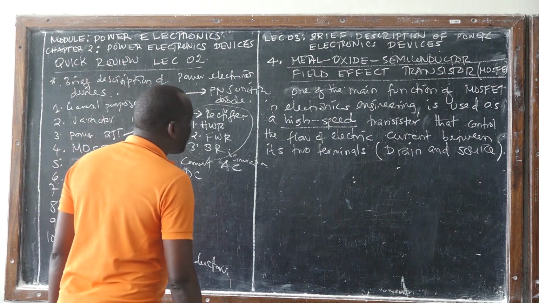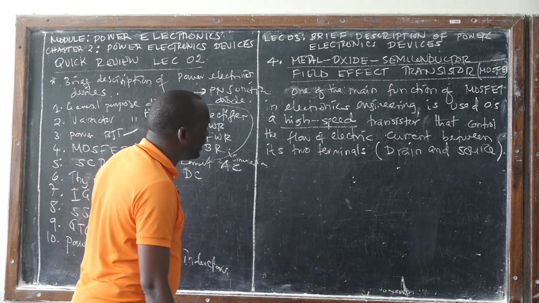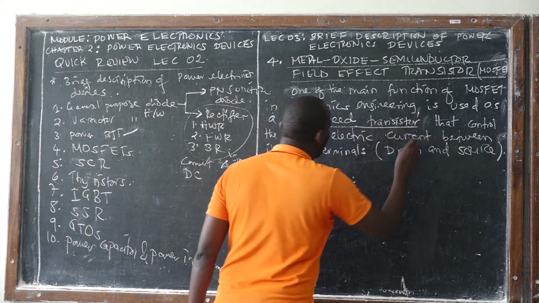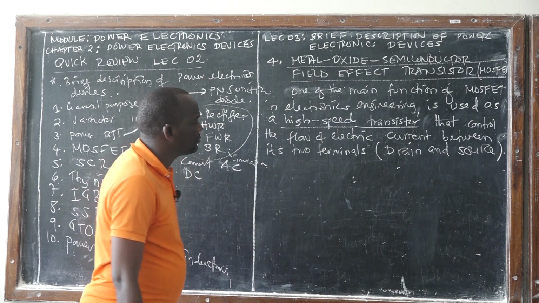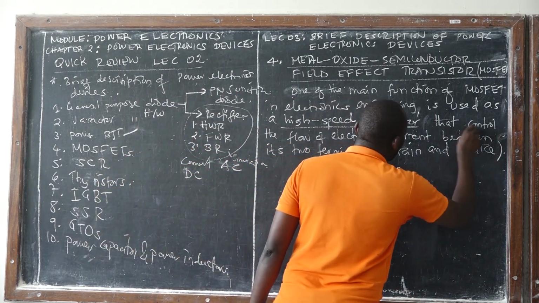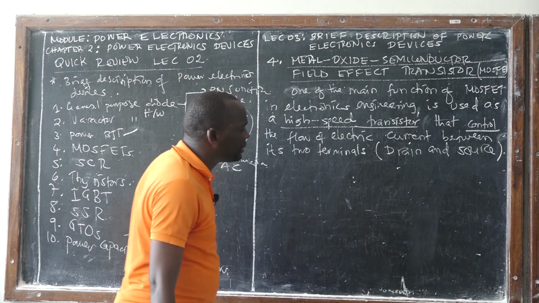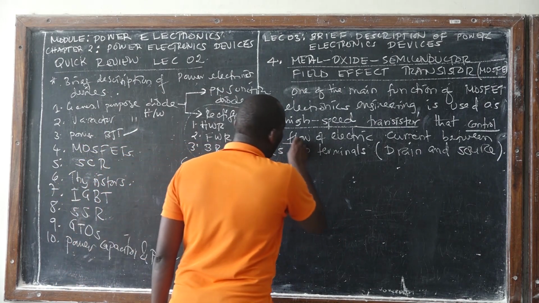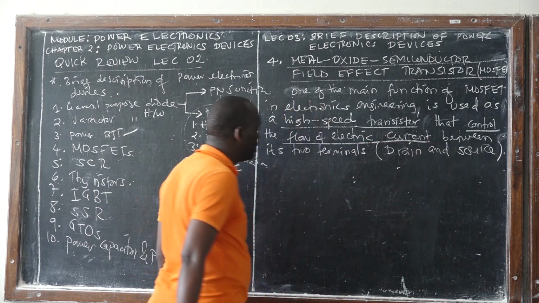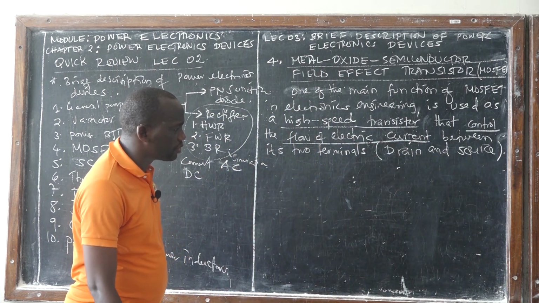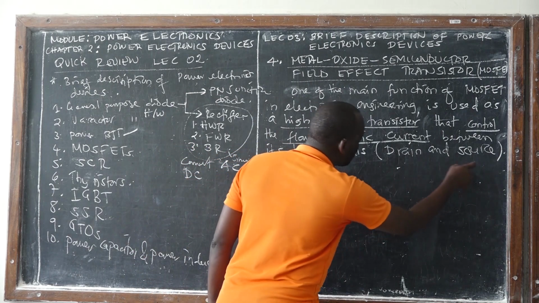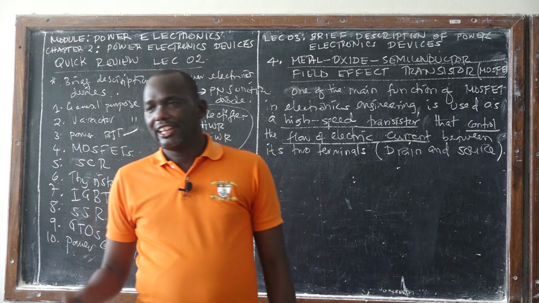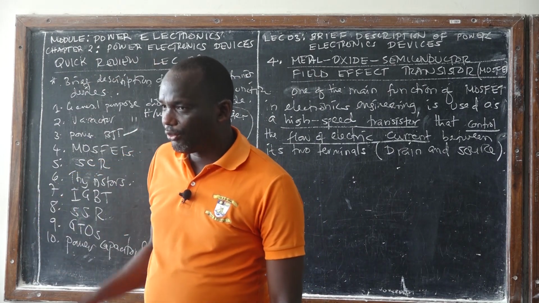So one of the main functions of the MOSFET in electronics engineering is usually as a high-speed transistor. Why do we need this high-speed transistor? We need it to control the flow of electric current between its two terminals, drain and source. MOSFETs have three terminals: the gate, the drain, and the source.